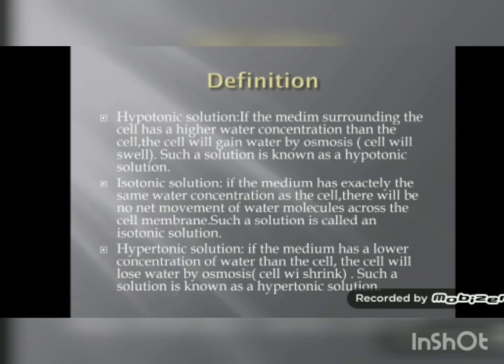So obviously the water molecules present inside the cell will come out through the membrane and the cell will shrink. So these are the three types of solution found around the cells, and depending upon the type of solution, the cell gains water or loses water.